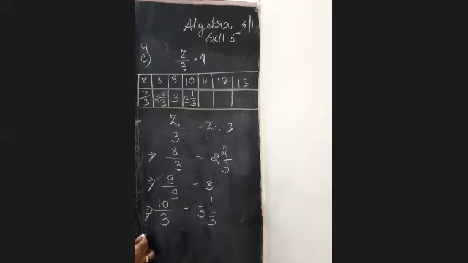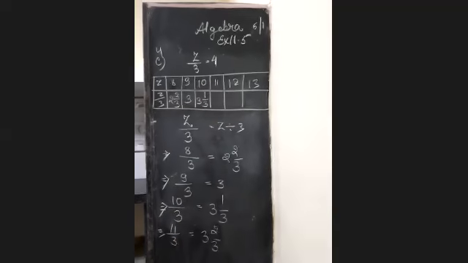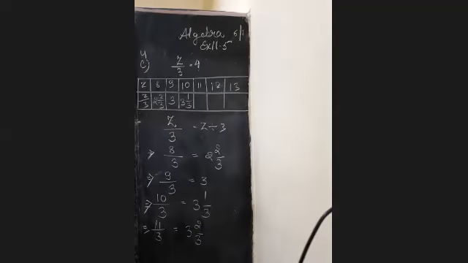ठीक है, let us put 11 now in place of z. When you put 11, it will give us 3 3s are 9 and here it will give you 2. So 3 whole 2/3 will come.